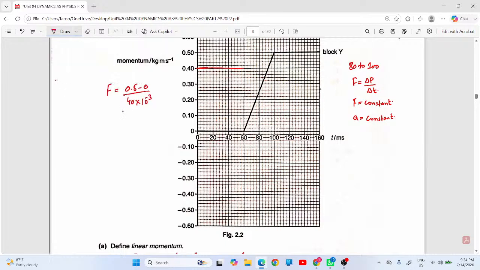We didn't know the final momentum of X, so first we have to calculate the final momentum. We know that the change is final momentum minus initial momentum. It will be the opposite of Y's.